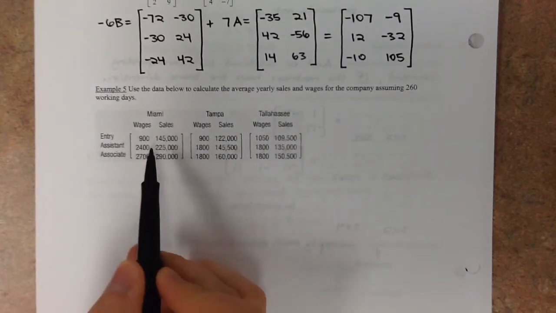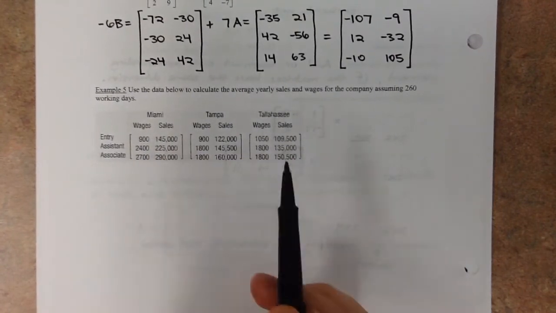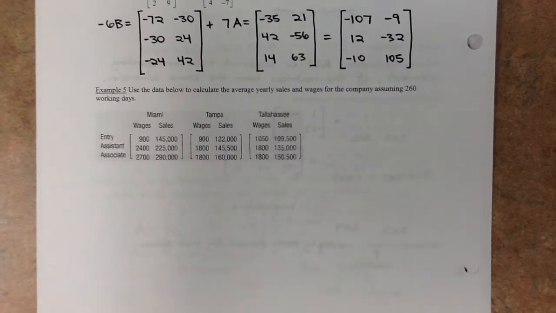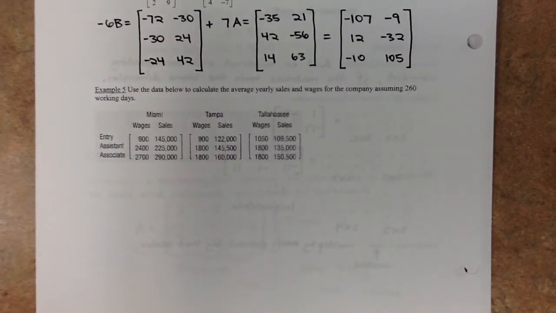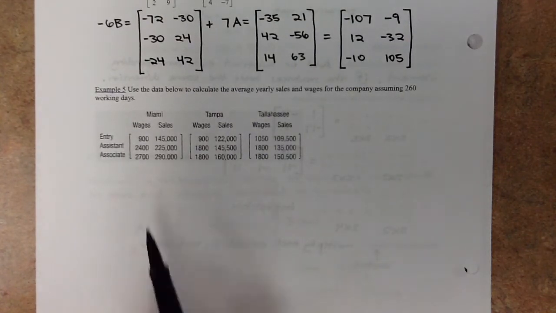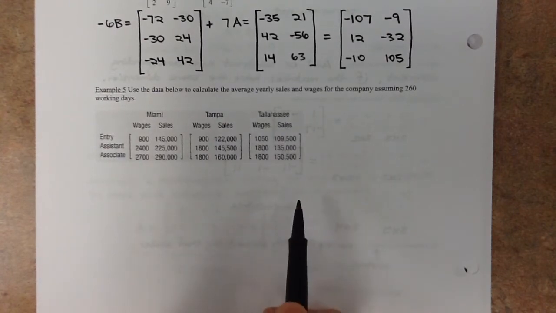All of these values are going to end up getting added together, and then we're going to try to average them out. And so the 260 working days, kind of keeping that in the back of our mind, we cannot forget about all 3 of these different levels and all 3 of the offices. So I think what we're going to do is just add these together and average everything out.